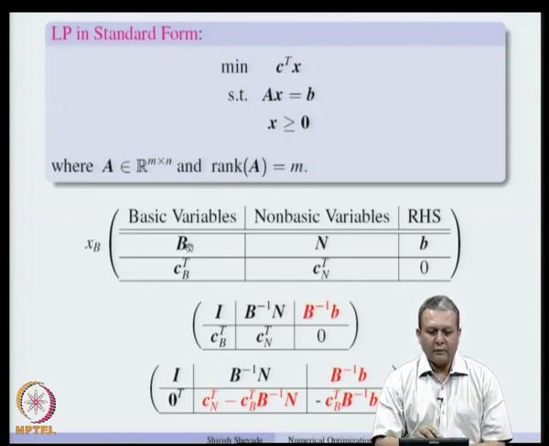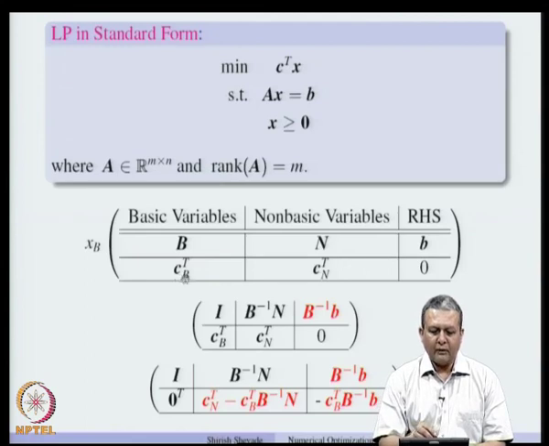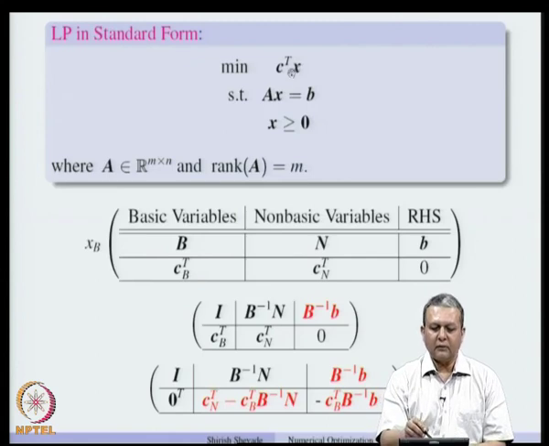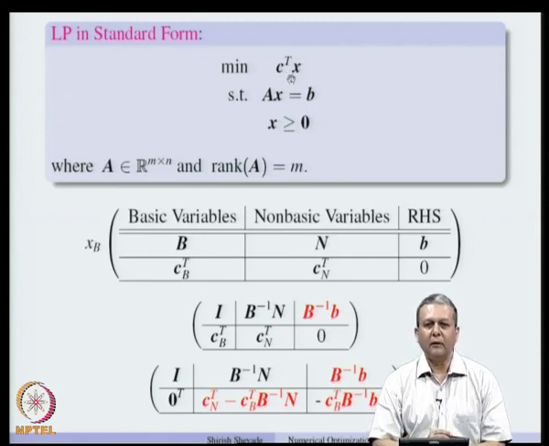So, the submatrix of A associated with basic variables will be denoted by B, and the remaining submatrix of A associated with non-basic variables will be denoted by N, and the right hand side will be denoted by b, and then the last row of this matrix indicates the costs associated with the basic and the non-basic variables.